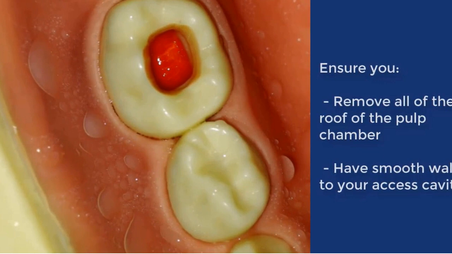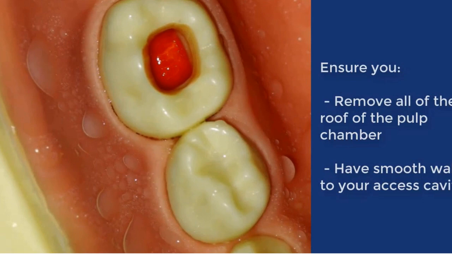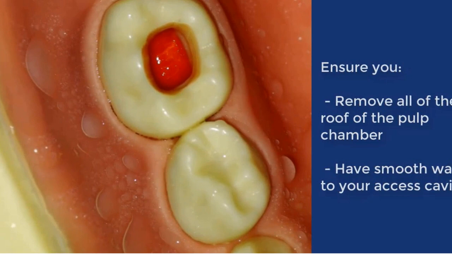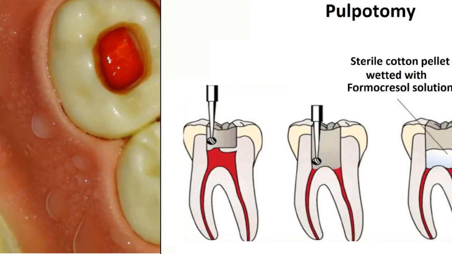You can use the high-speed round burr to do de-roofing of the pulp chamber. In order to have smooth walls to your access cavity, use a low-speed round burr to remove the caries and do a drop, but the rest is for the high speed in order to extend your outline to see the pulp chamber, in order to see the pulp canals or the radicular pulp.